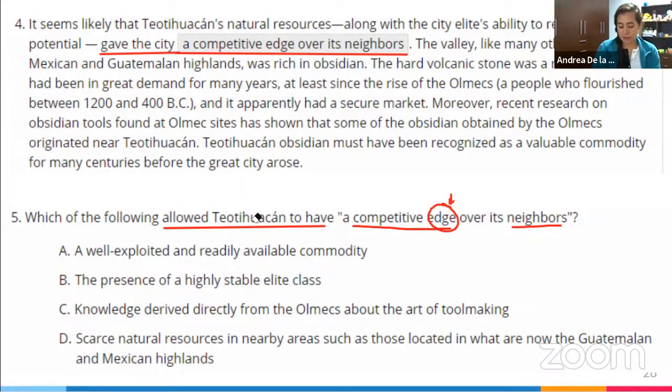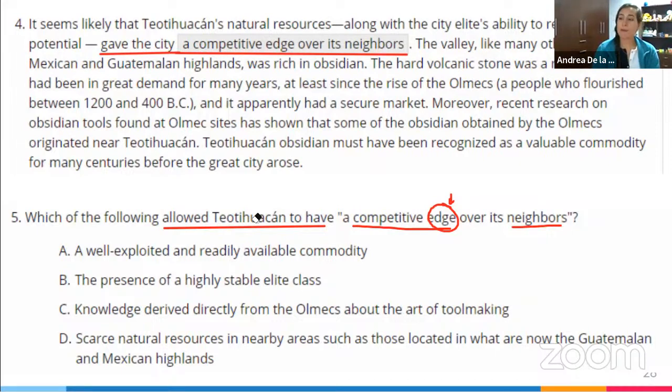Is it referring to the same thing? Yes. Yeah, right? Because what allowed the city to have a competitive edge is similar enough to what gave the city a competitive edge. So synonyms.